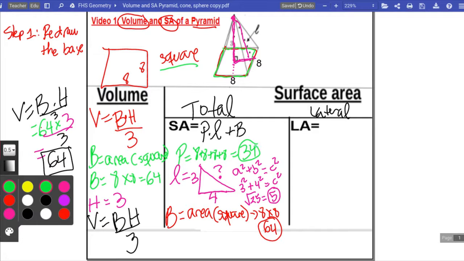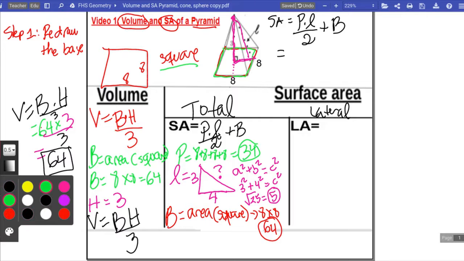So, I didn't finish the formula correctly. I want to fix my formula. This is all divided by 2 right here. So again, these formulas are in your formula chart. So I'm going to do the math right here on the top. SA says P times L divided by 2 plus big B. All right, let's do this thing.